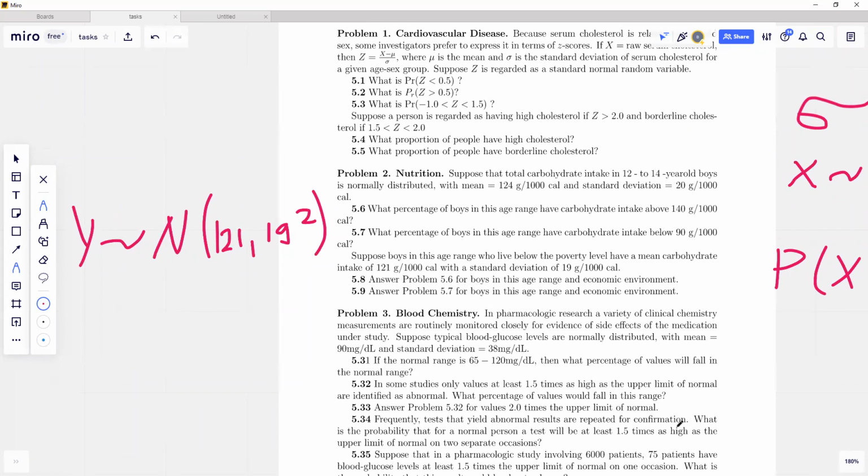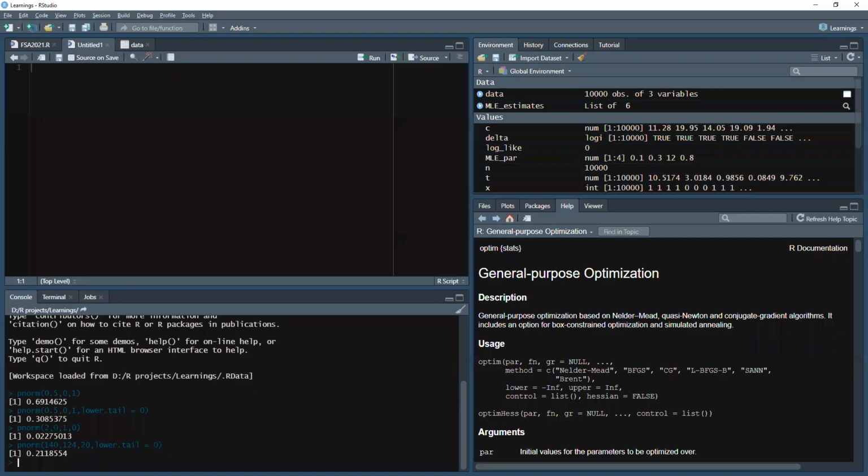Okay, let's use R this time. So 121 and 19. First, I need to find the probability that Y is greater than 140.